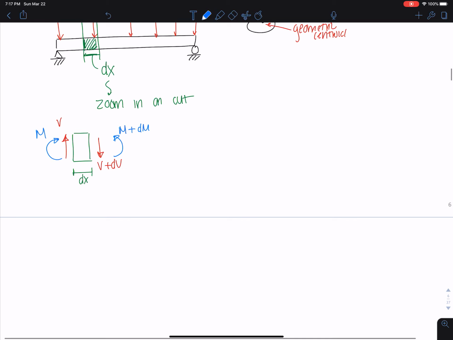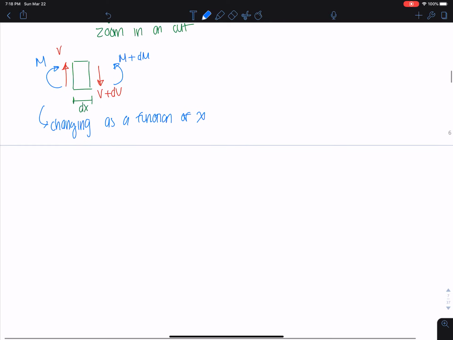So this internal moment and shear are changing as a function of x.